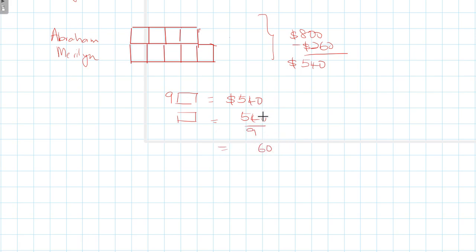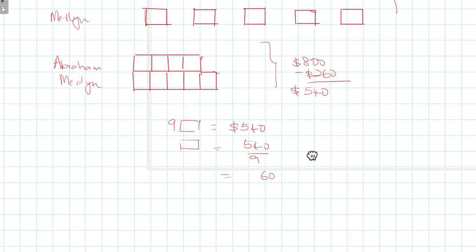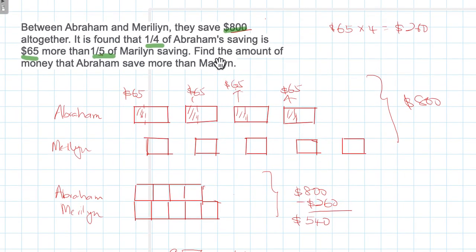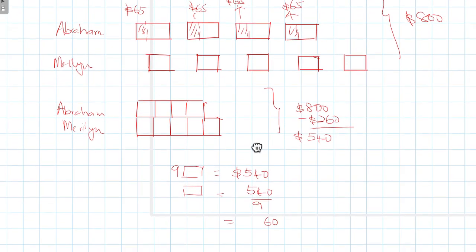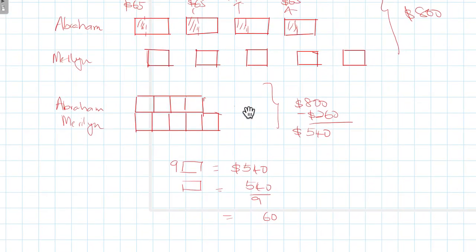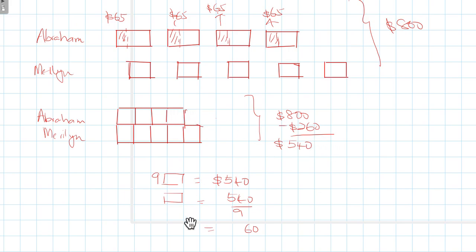Okay. So what is the question? The question asked is, find the amount of money that Abraham saved more than Madeline. So Abraham is actually this portion here, remember just now, there's $260, right?